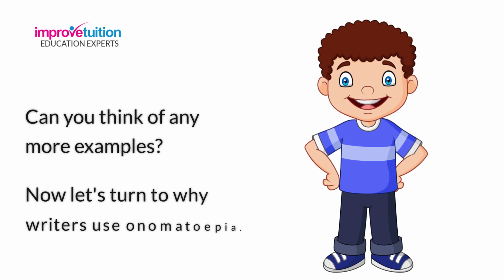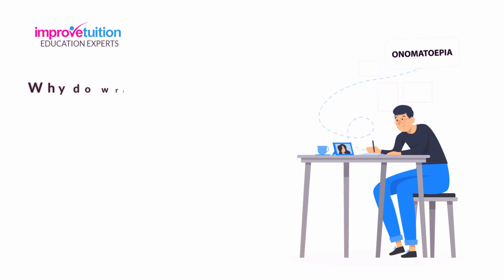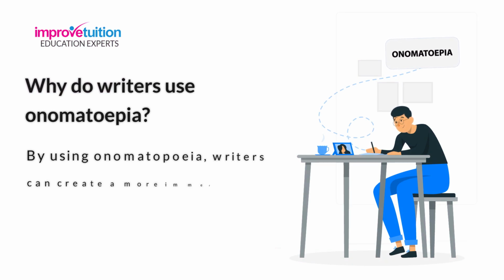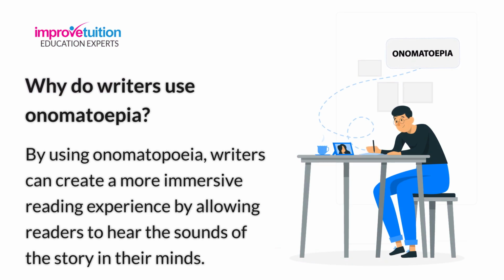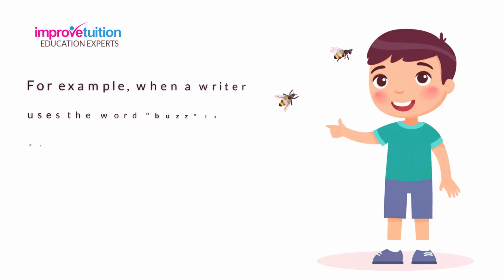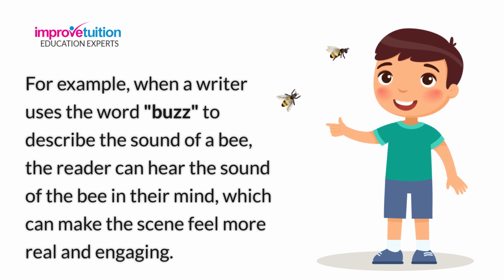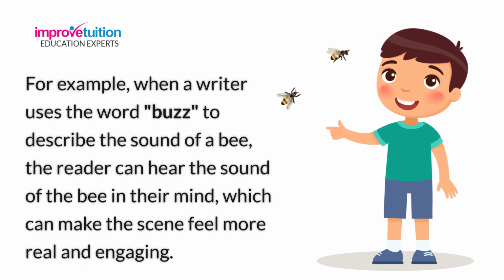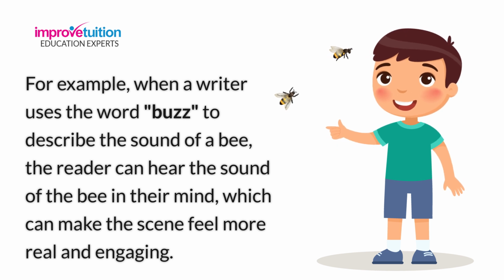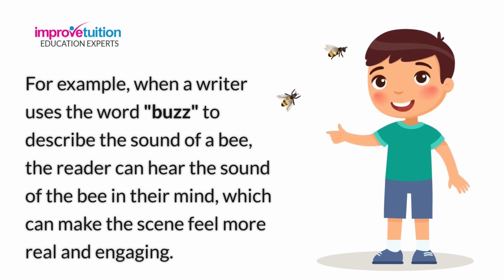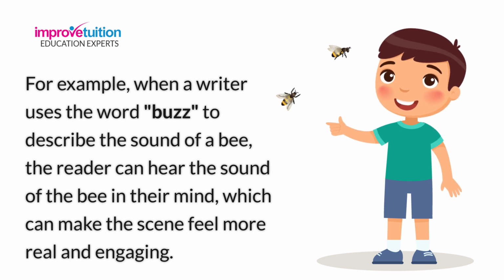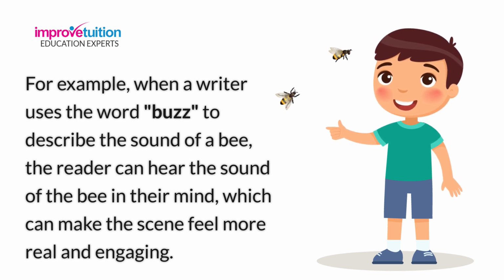Now let's turn to why writers use onomatopoeia. Why do writers use onomatopoeia? By using onomatopoeia, writers can create a more immersive reading experience by allowing readers to hear the sounds of the story in their minds. For example, when a writer uses the word buzz to describe the sound of a bee, the reader can hear the sound of the bee in their mind, which can make the scene feel more real and engaging.